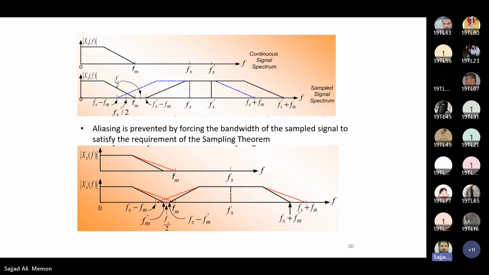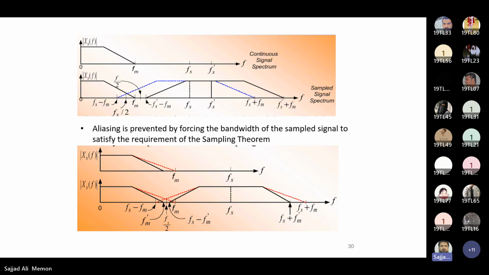So what is shown here? Let's see. There is f of m, that is the maximum frequency component. This is the sampling frequency, and this is another sampling frequency which is higher than the actual sampling frequency.